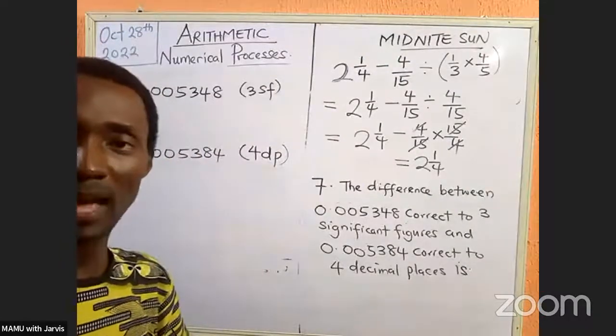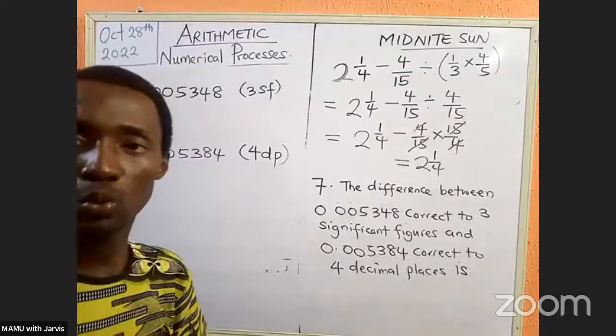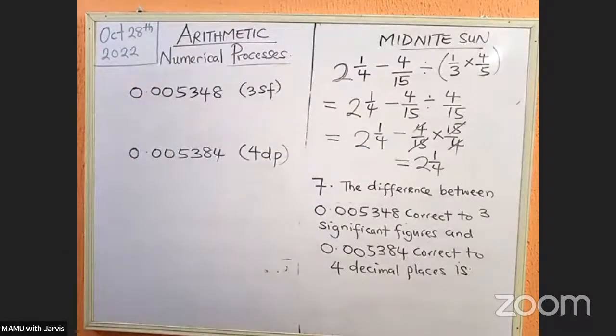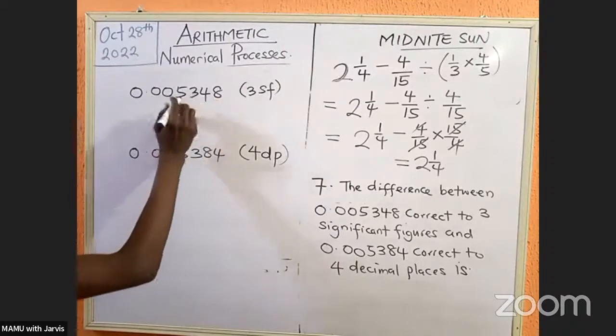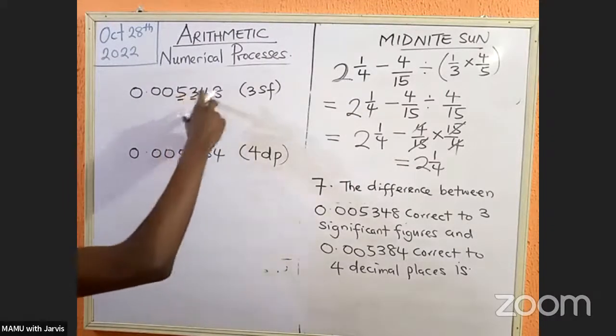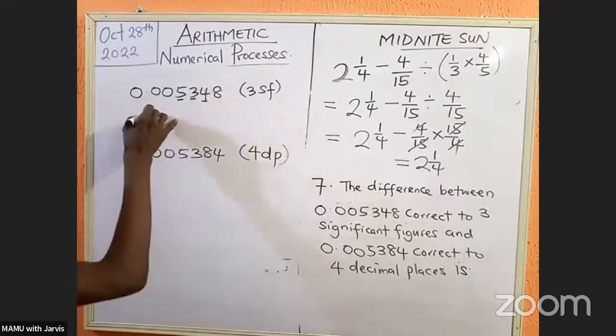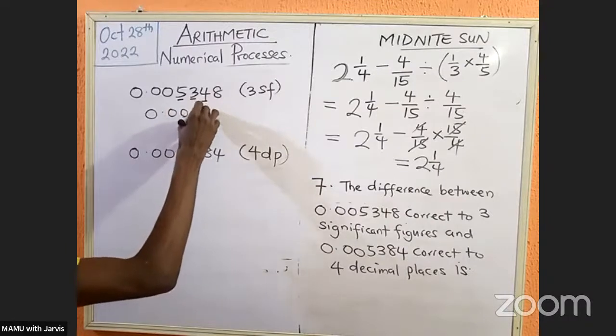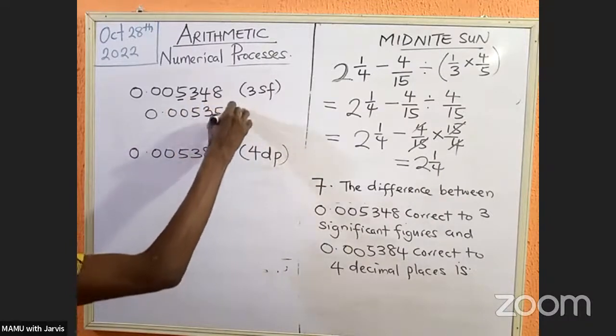Okay, 2 answers, beautiful. So we just need to confirm which answer is correct. All right. So for this one, to 3 significant figures, it will be 1, 2, 3. Digit of interest, digit causing approximation. So this will be 0.00535.